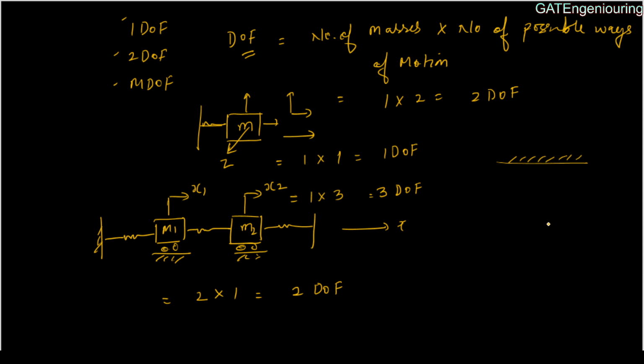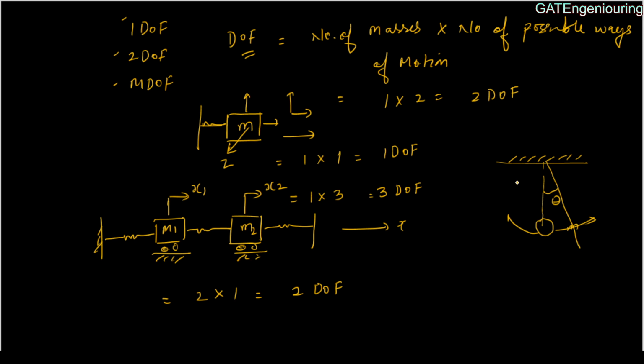Okay, so let's say this is a small mass, a bob having mass m, and it is moving in this direction. It is performing a simple harmonic motion, and this mass, let's say, is moving only in one plane, in this rotational plane, with angle theta.